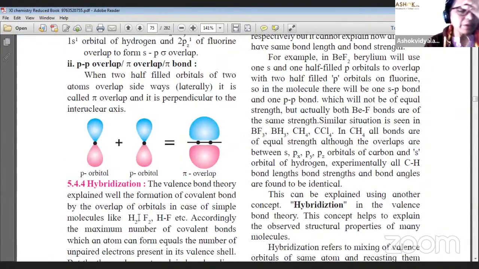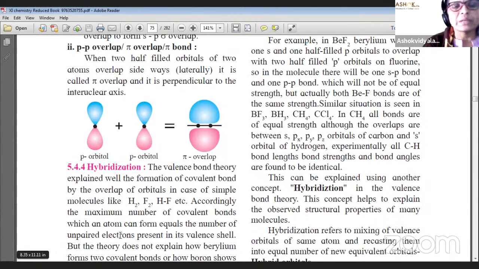But when you study this valence bond theory, it explains well the formation of the covalent bond in the case of simple molecules like H2, F2, HF, etc. The maximum number of covalent bonds which an atom can form depends on the number of unpaired electrons present in the valence shell of that atom.